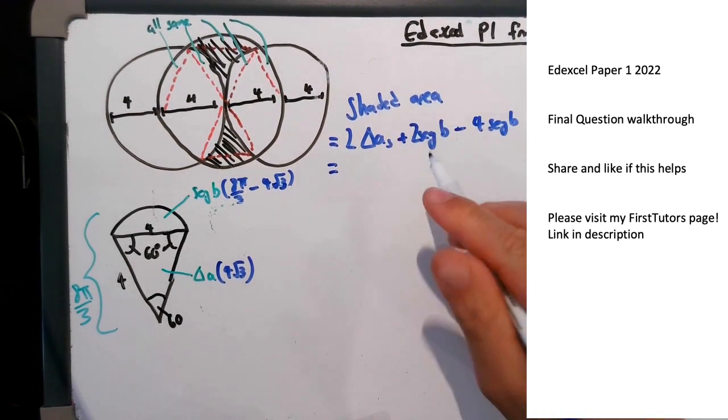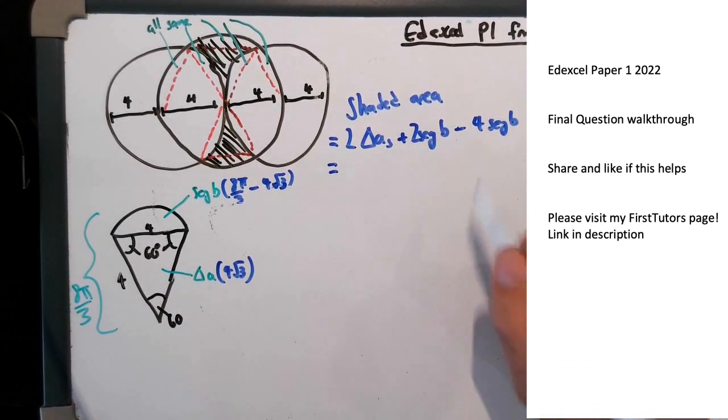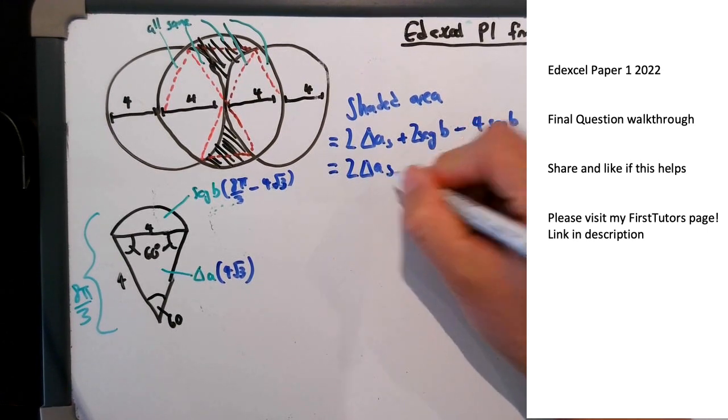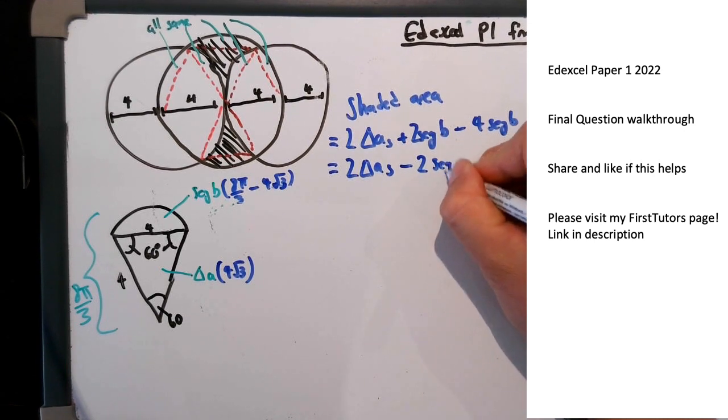These are like terms, so plus 2 minus 4 gets you minus 2. So simplified, it really is 2 triangle A's minus 2 segment B's.